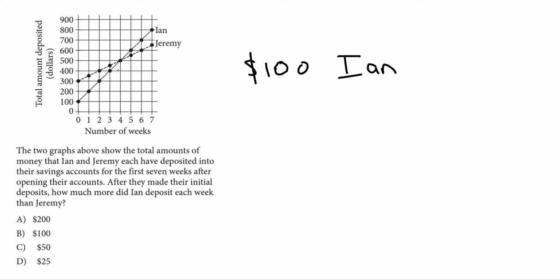And every 2 weeks, we see that he seems to be putting $100 into his account. So if Jeremy puts in $100 in 2 weeks, that means weekly he's putting $50 in his account. So that's how much Jeremy is depositing into his account.